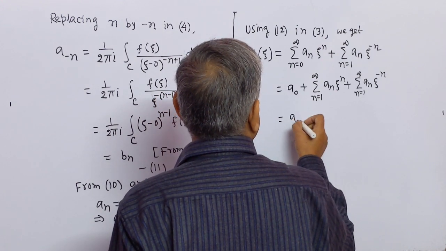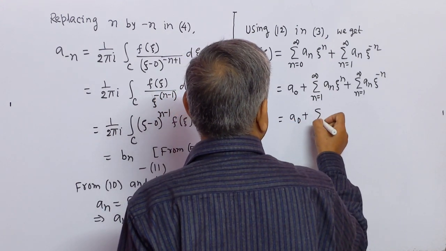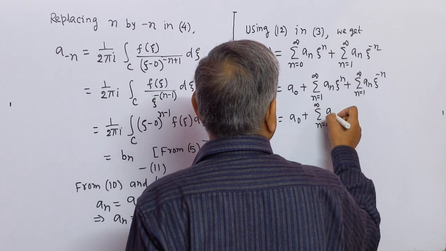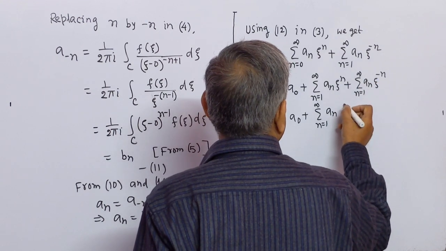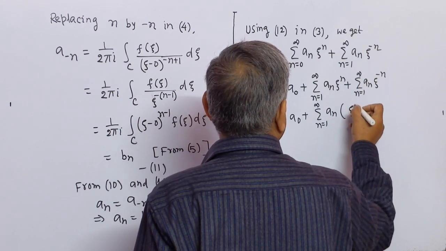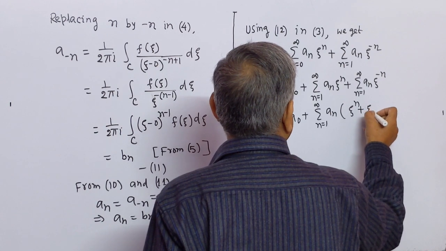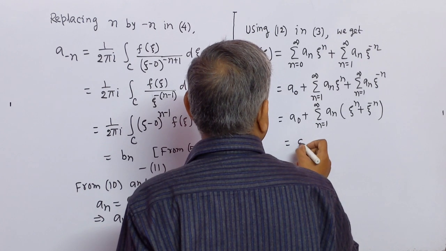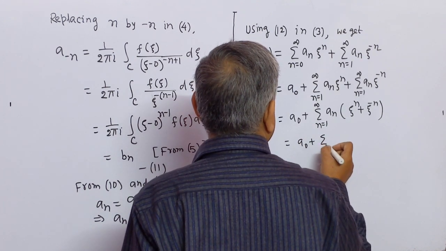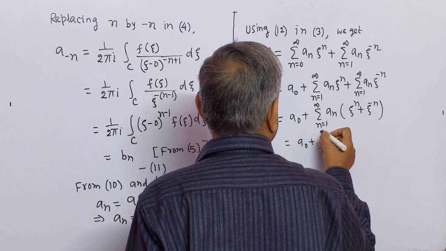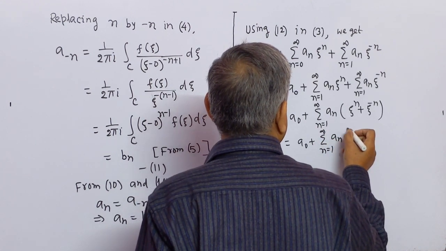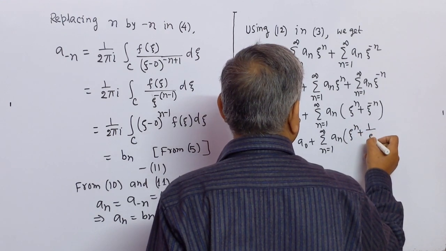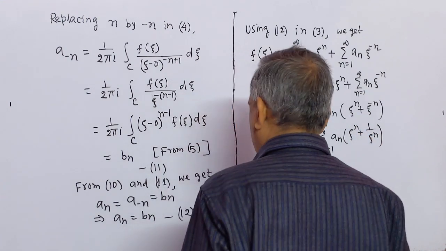This is equal to a naught plus sigma n equal to 1 to infinity an, xi to the power n plus xi to the power minus n, equal to a naught plus sigma n equal to 1 to infinity an, xi to the power n plus 1 by xi to the power n.